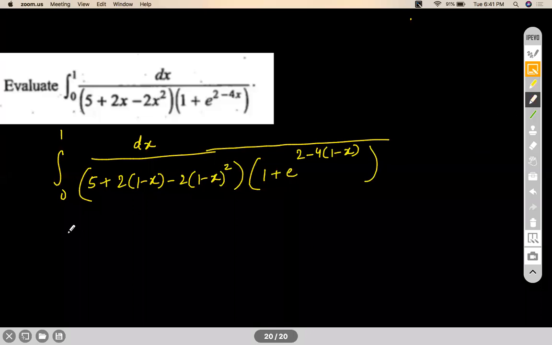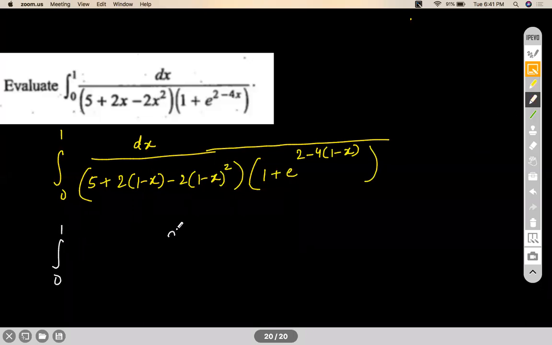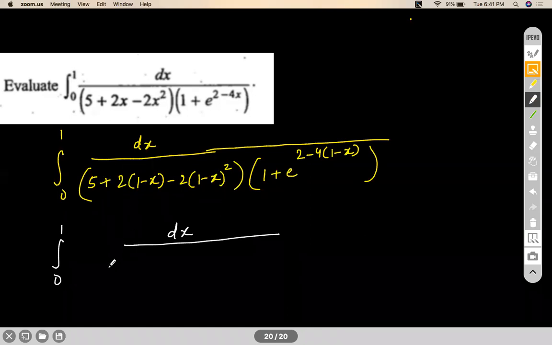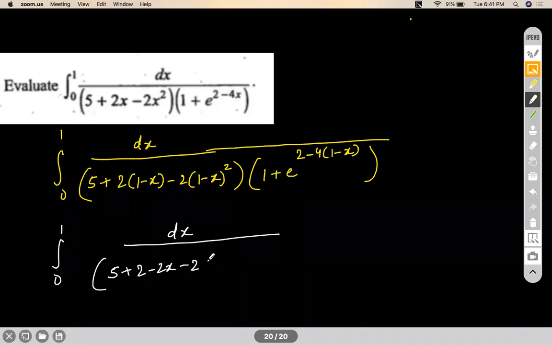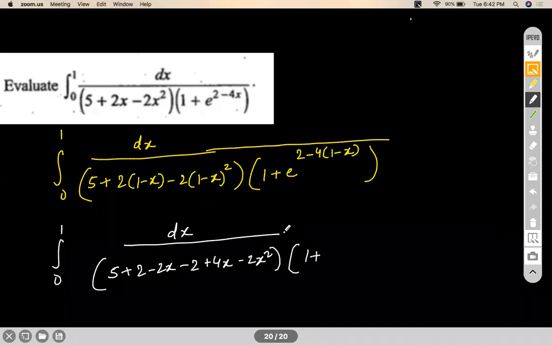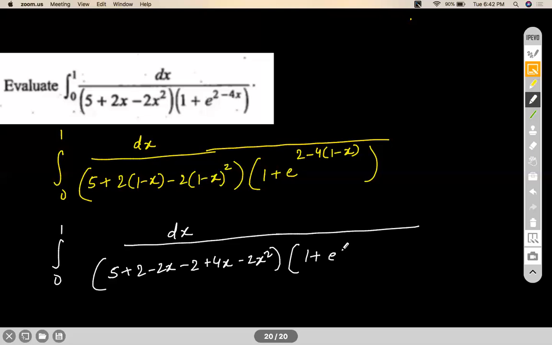Yeah, so this will give you, if I'm not mistaken, 5 plus 2 minus 2x minus 2 plus 4x plus 4x minus 2x square. And here I'll get 1 plus e to the power 4x minus 2. Can I say it's negative of 2 minus 4x?